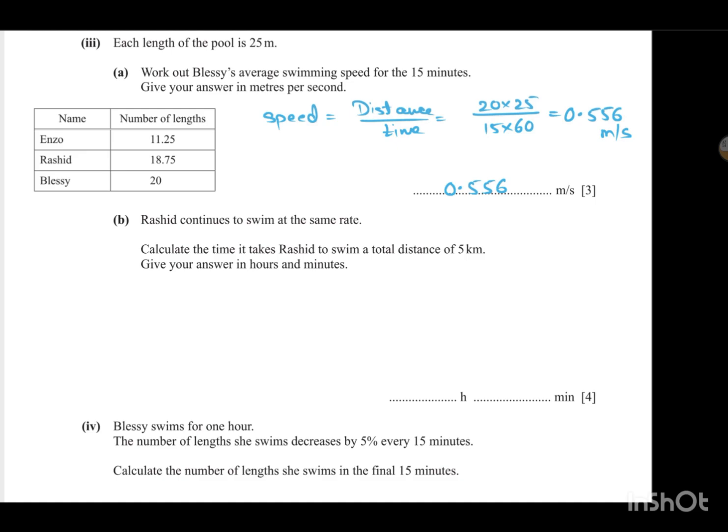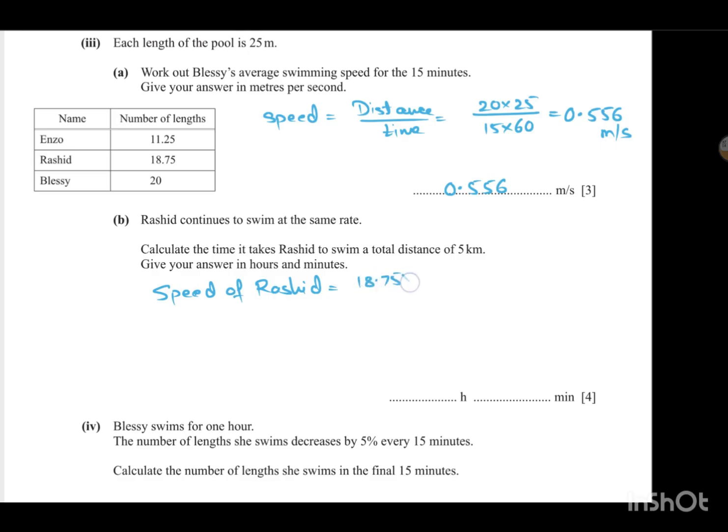Okay, so now Rashid's number of lengths is 18.75. The pool length is 25 meters, and we will first find the speed, or rate of swimming, for Rashid.